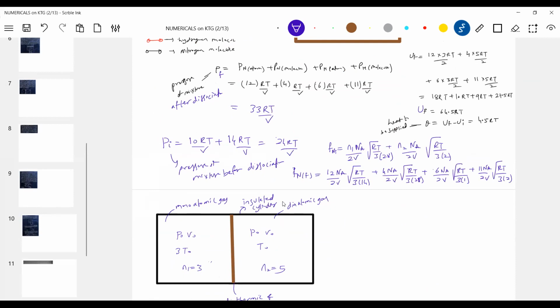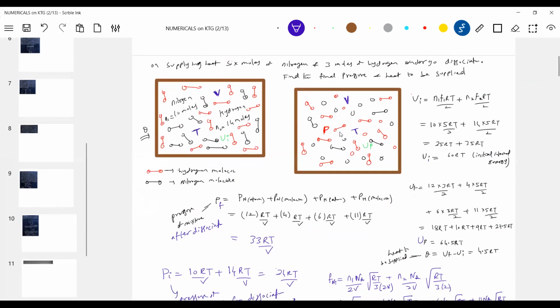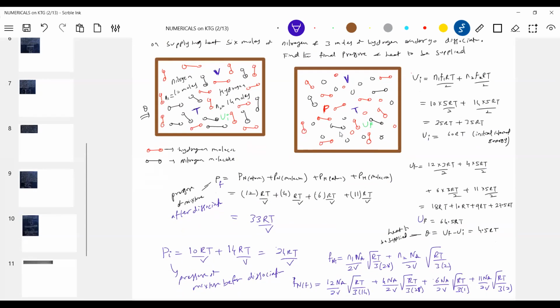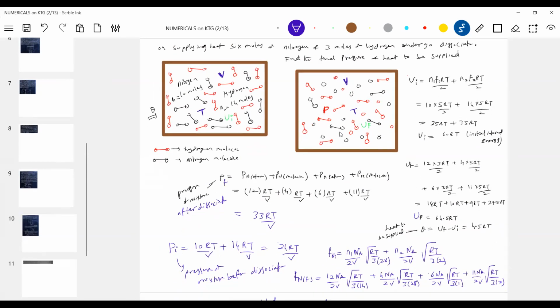So compare, even this will also increase. The total number of collisions per second per unit area will also increase here. Shall I move down? Initial rate of collision, final rate of collision. Let me add this one.